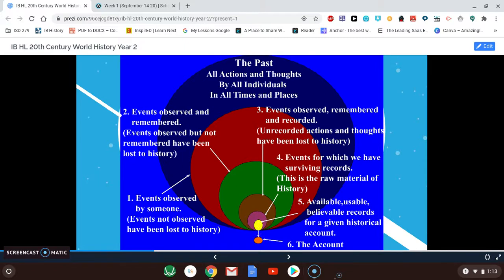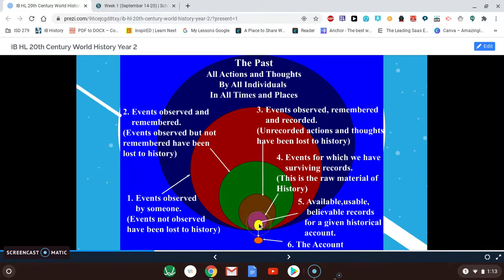But then the reality is everything that we look at is here, and it's actually outside of the past. So the reality is that historians use whatever they can find in these big circles. And the reality is that all we can find today about the past is in this little yellow circle.